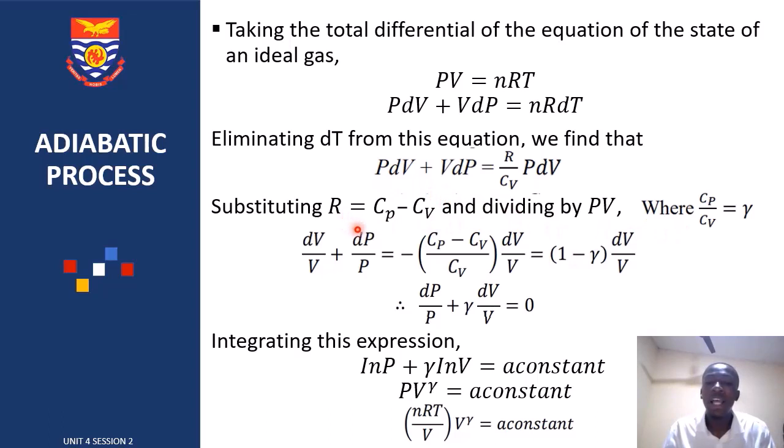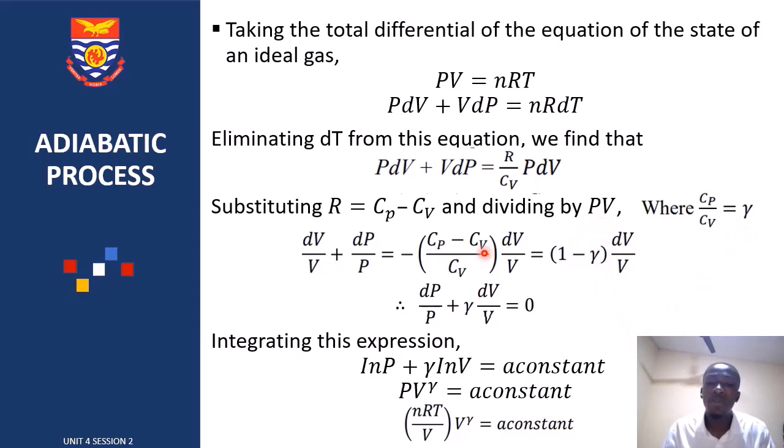So from what we had earlier for R, when we divide the molar specific heat capacity at constant pressure by that at constant volume, let's represent it with gamma.